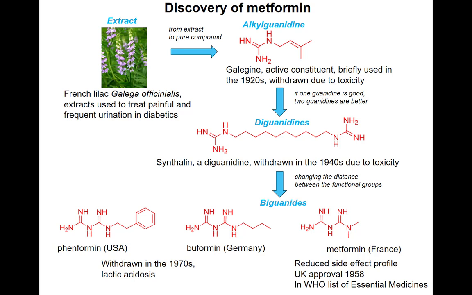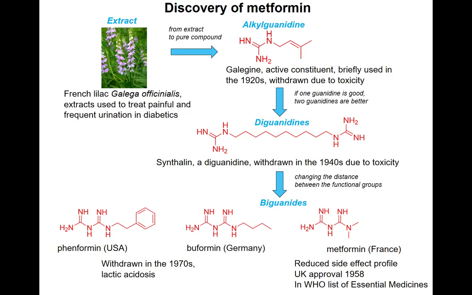So synthetically, medicinal chemists started making a variety of compounds that contained two guanidines within them, connected by a spacer of varying lengths. One example shown here is synthalin, which was also used clinically, but also withdrawn due to toxicity. And then people started experimenting with the distance between these two guanidine groups.